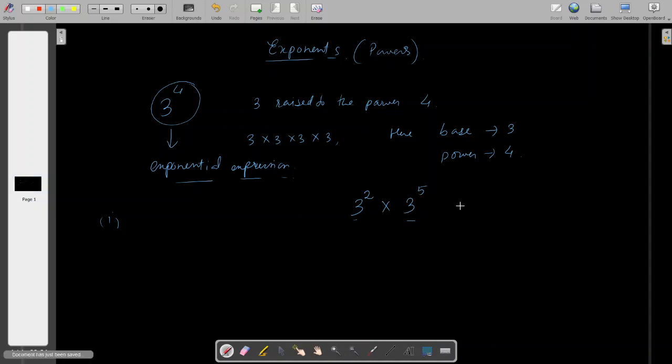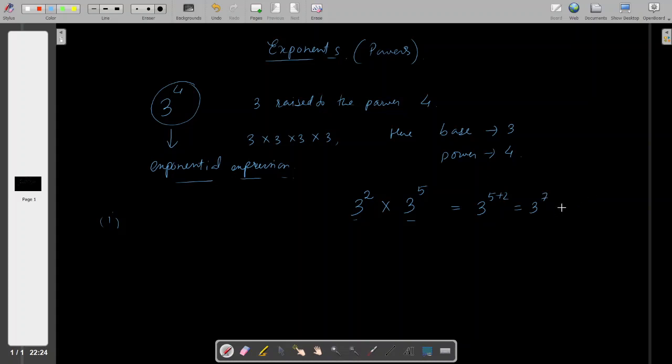For this the result will be 3, since the base is the same, and here it is multiplication. So when there is a product, the powers get added. Write the sum of the powers, so it will be 5 plus 2. The answer will be 3 to the power 7.